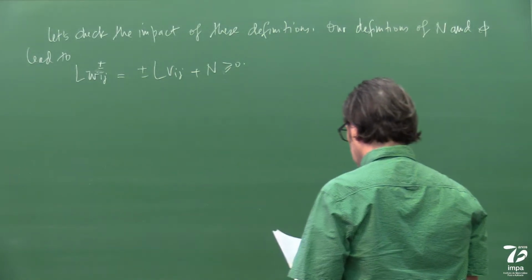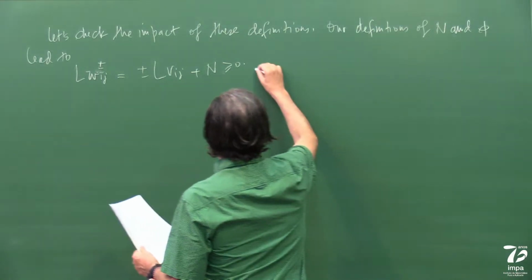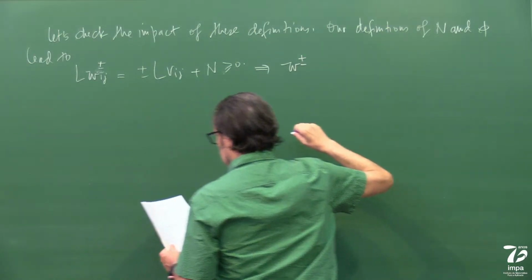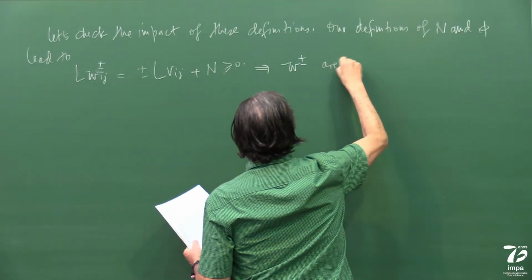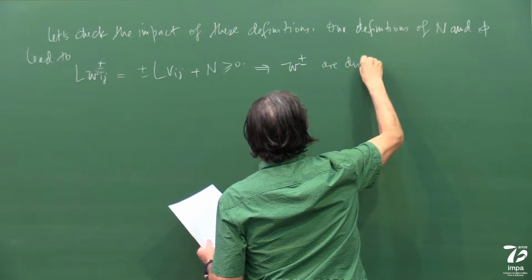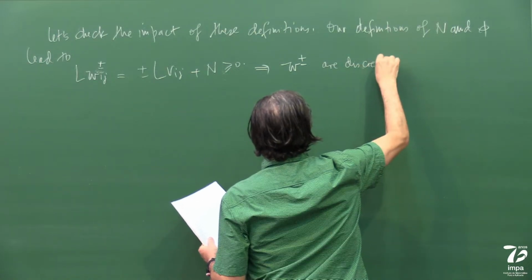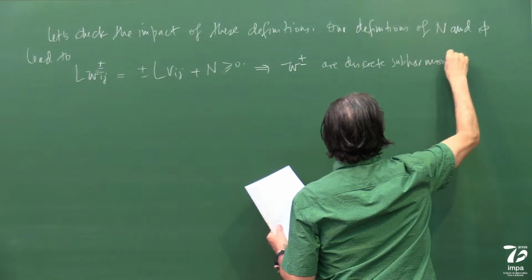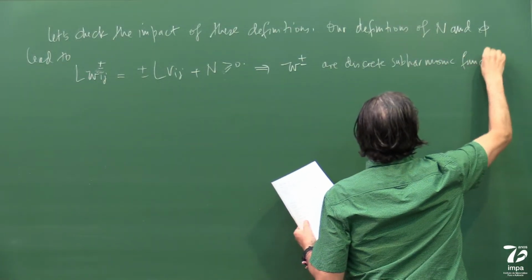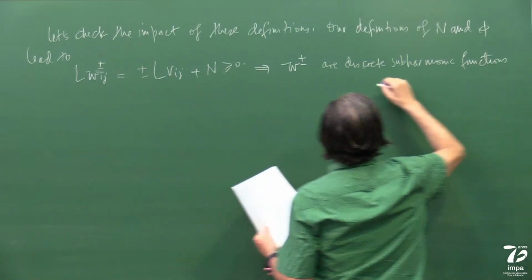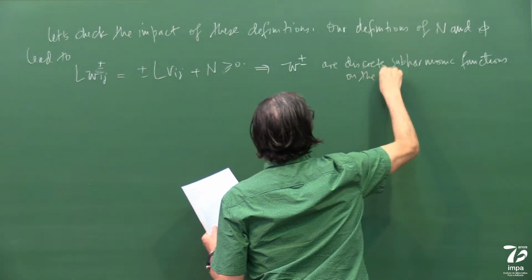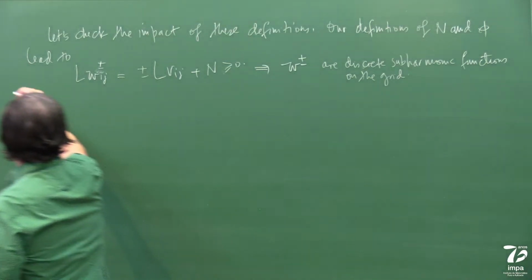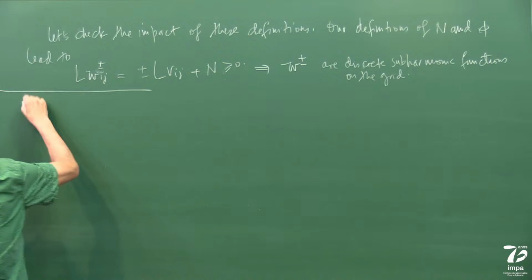And this then implies that V plus minus are discrete subharmonic functions on the grid. Okay, so let me do a little bit of a note.